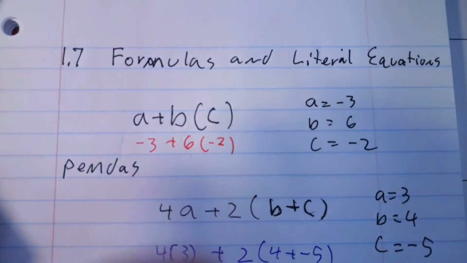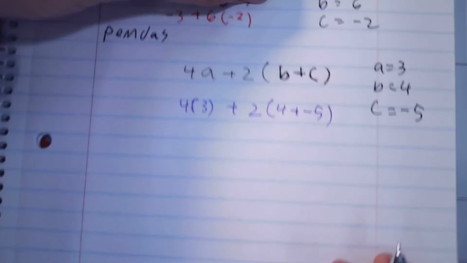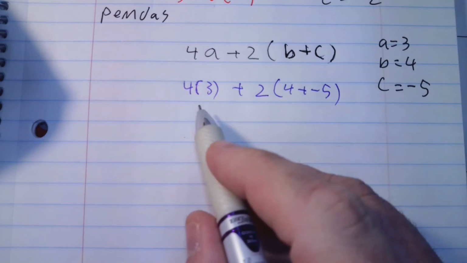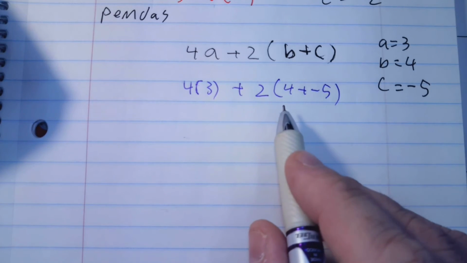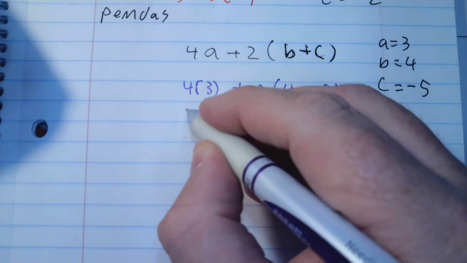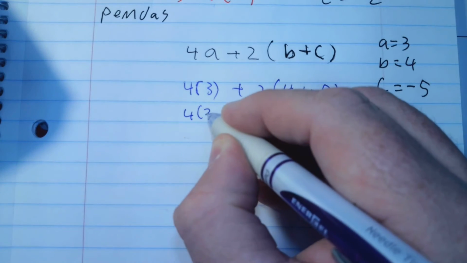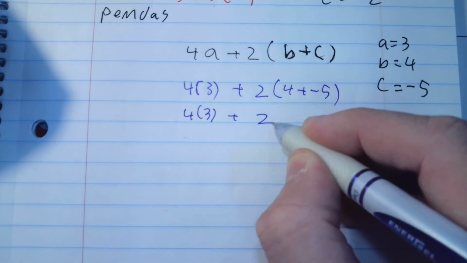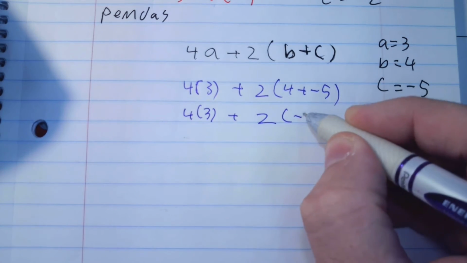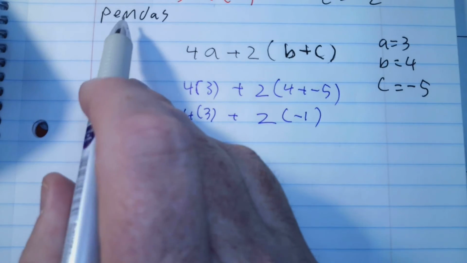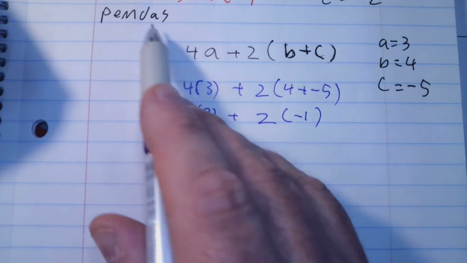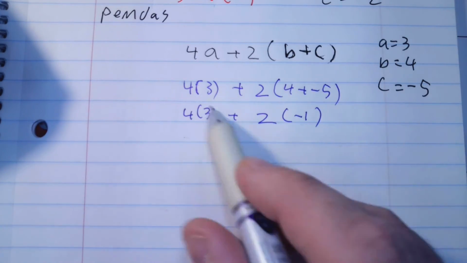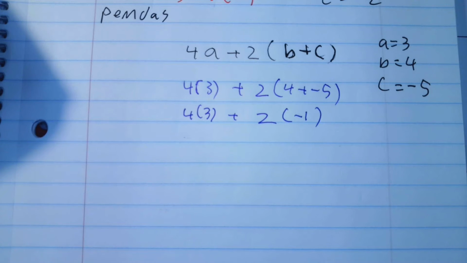All right, you can do it in the calculator, like I said, or you can just work it out. If you don't have a calculator, this is no big deal, but you do have to use PEMDAS. So that means you got to do parentheses first. Then exponents. I don't have any exponents. Then you're supposed to do from left to right multiplication division.